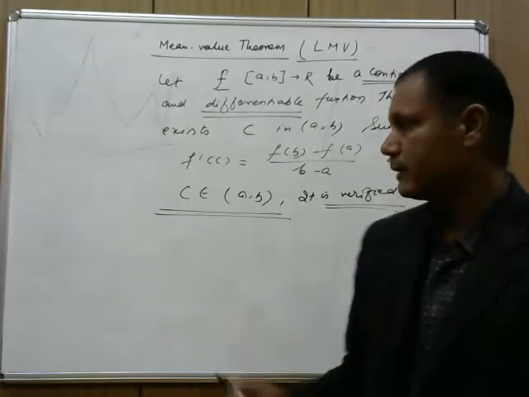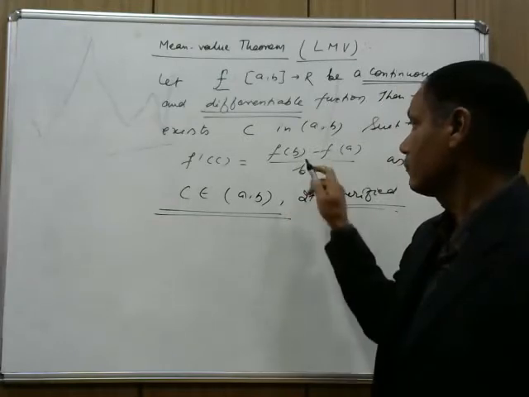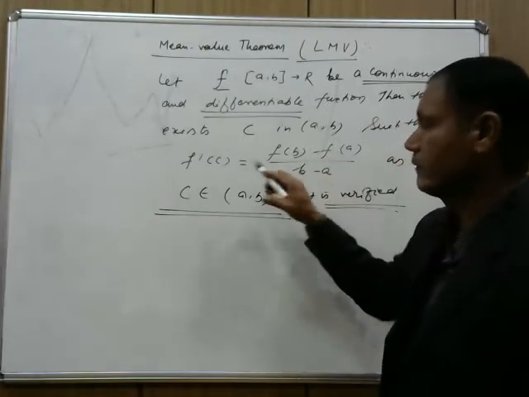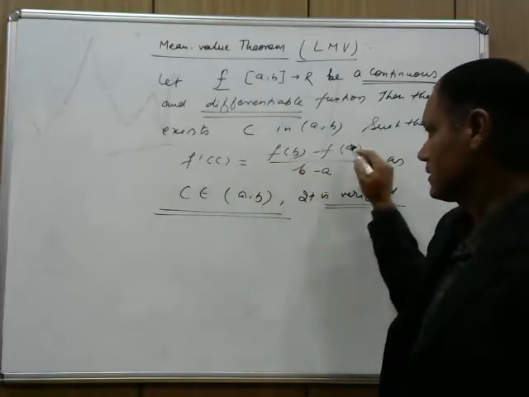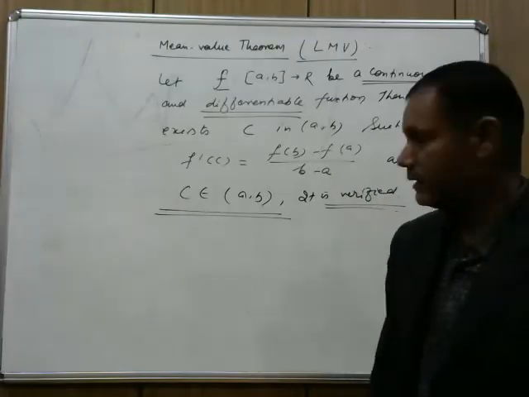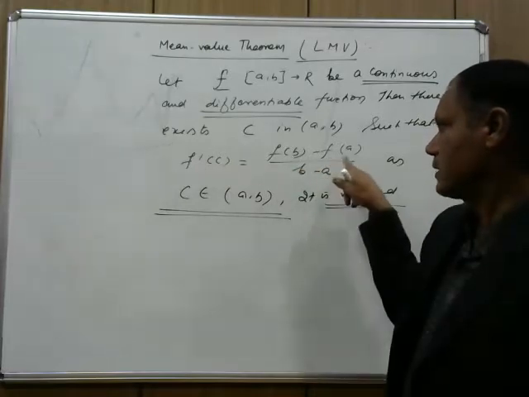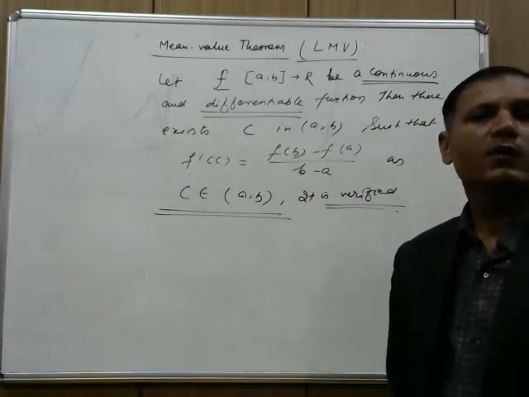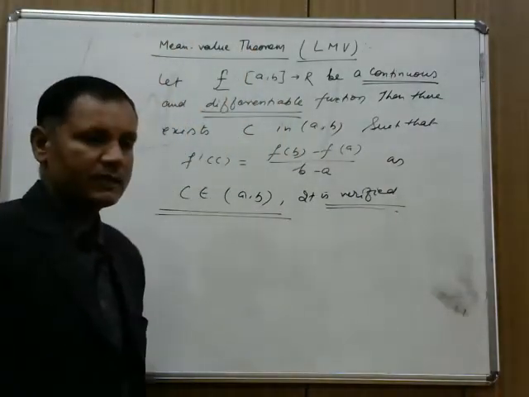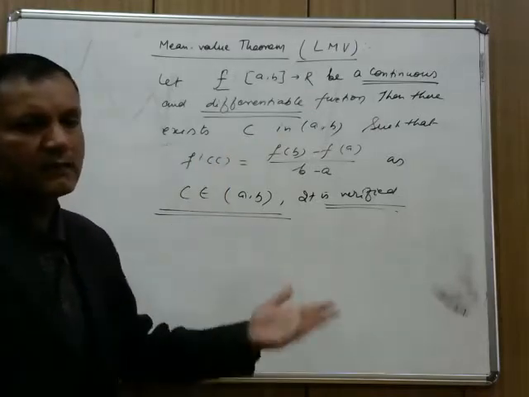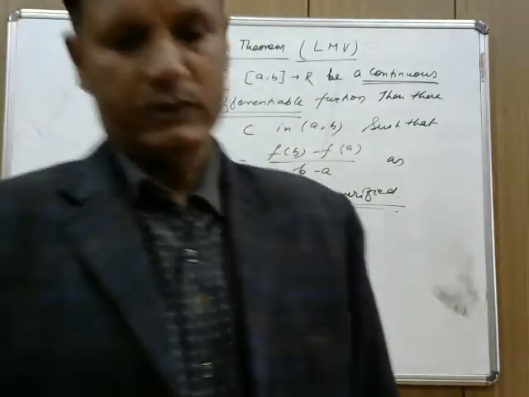In the third step, we find f of a and f of b and put the values in the equation f dash of c equal to f of b minus f of a upon b minus a. After solving this equation, we will find the value of c such that c lies in the given interval a to b. If all the points are satisfied, then we say that yes, the mean value theorem is verified for the given function. Right?